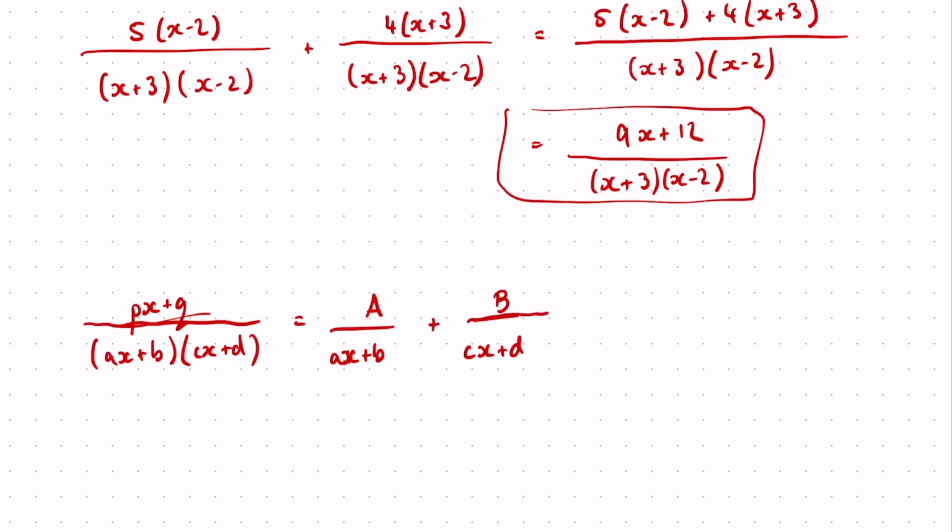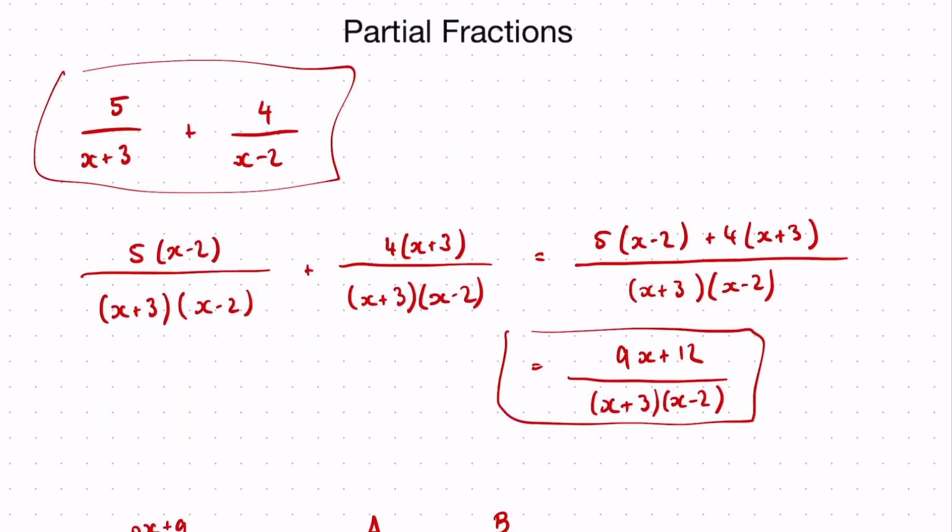So we've just split those two brackets apart and say we can write it as a fraction where we've got something over one and something else over the other, which is basically what we got here.